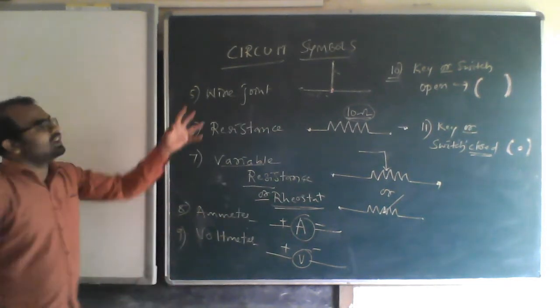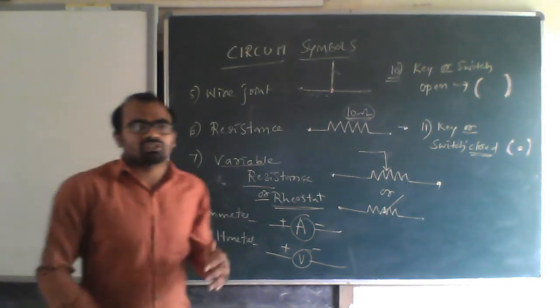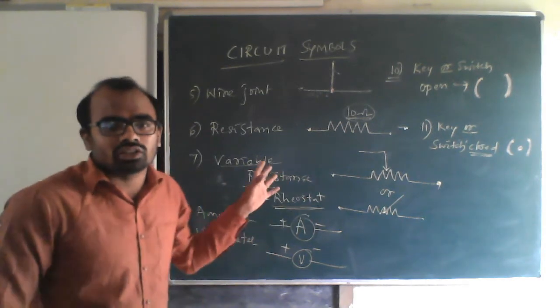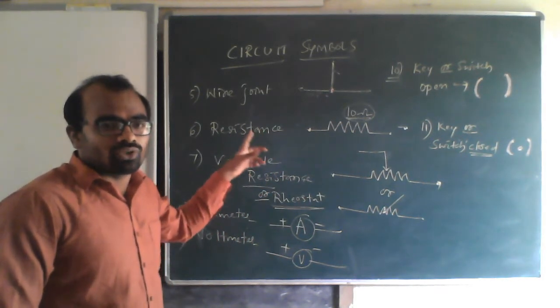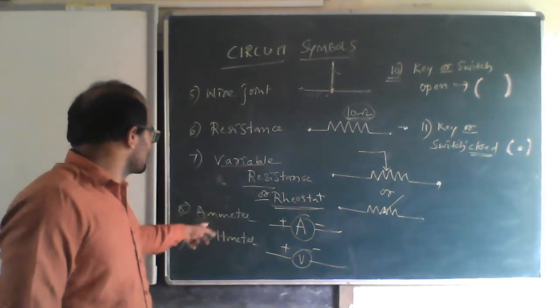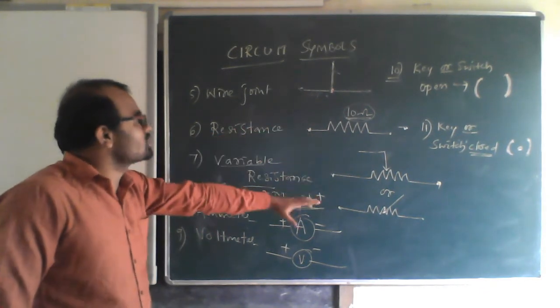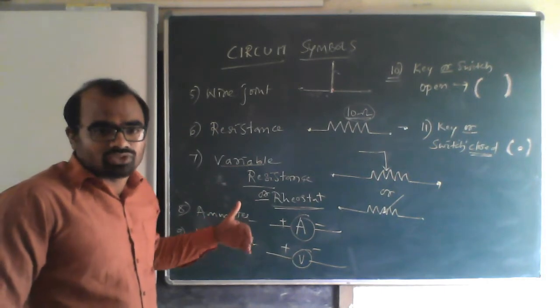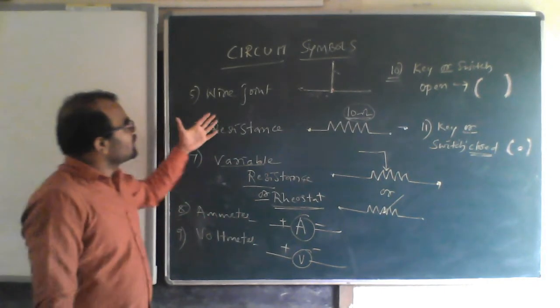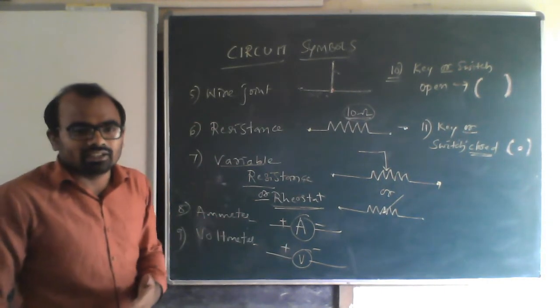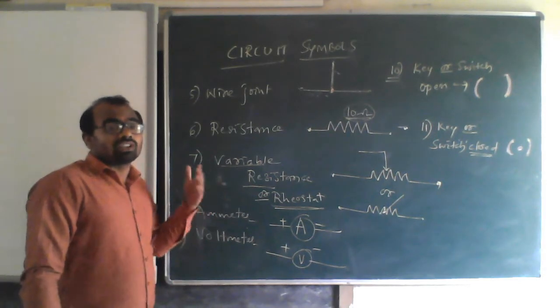Okay, these are regarding the circuit symbols. You have to remember all these circuit symbols. Don't forget wire joint, resistance, variable resistance, ammeter, voltmeter, key or switch open, key or switch closed, and the earlier 4 we have seen. That is cell, battery. Okay. So what is cell? What is battery?